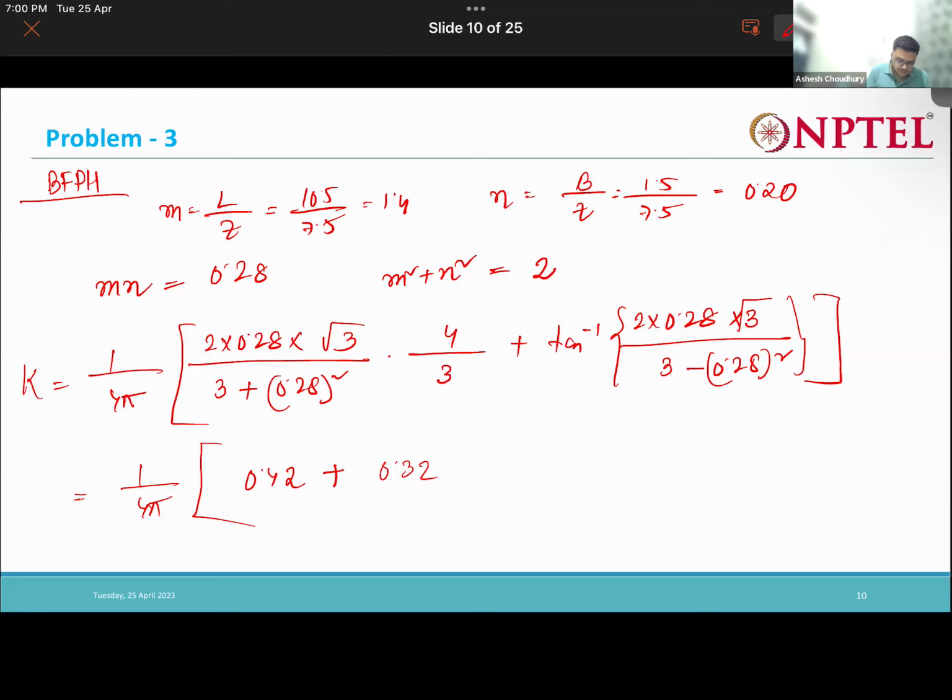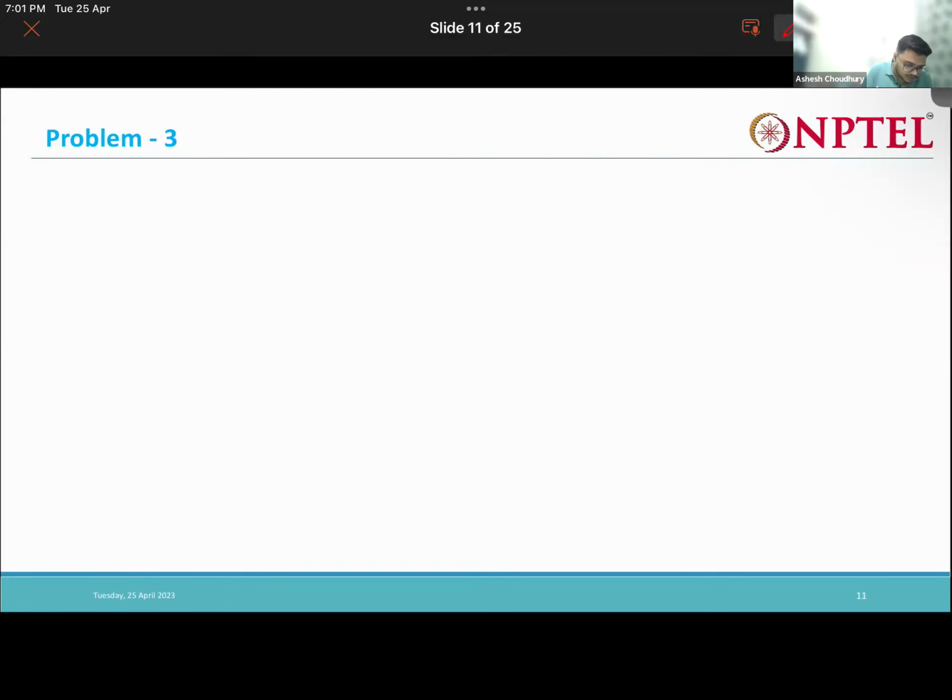Okay, it is matching. So it will be 0.058. Okay. So similarly, what we can do is we can find out the other cases.